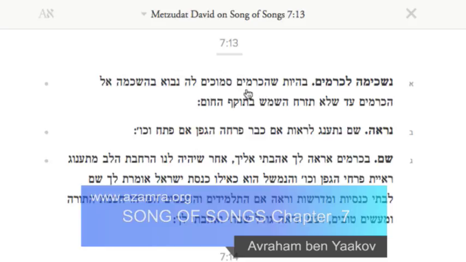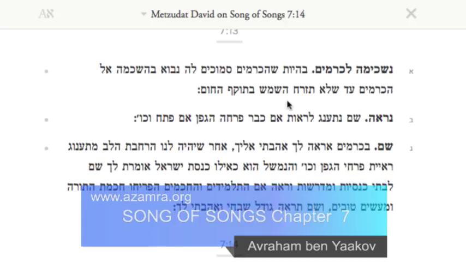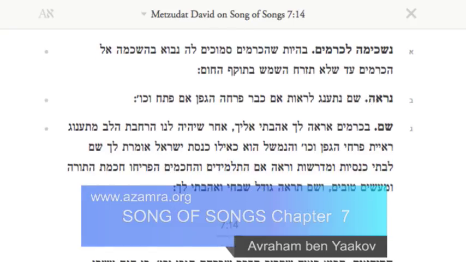Because the orchards are close by, we'll be able to get up and come to them very early, even before the sun will shine in all the strength of its heat in the later part of the day. That's why, according to the pshat, the simple meaning, we'd like to go out early, and there we shall see how the fruits are doing, how the flowers are developing.